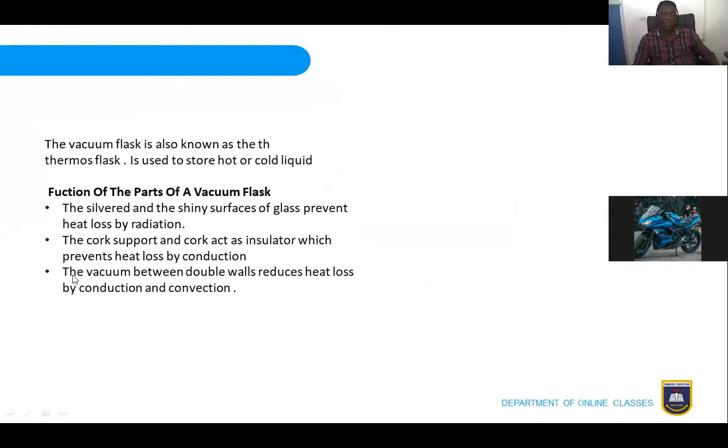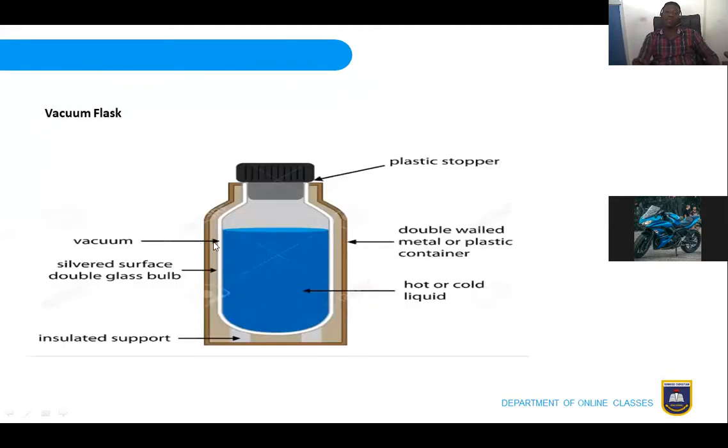And also we have the vacuum between the double walls. As you can see in your diagram, you see the vacuum over there. Vacuum means there is no air present over there. Since there is no air, that means that there aren't any particles present over there. So heat cannot be transmitted through that region. And you know, conduction occurs only if there is a material medium, and convection also requires a material medium.